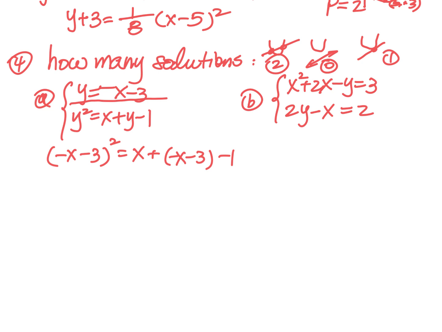If you remember the formula, two terms, then we can do the first term squared, x squared, minus 2 times this times that. 2 times negative x times this, so it's minus 6x plus 9.